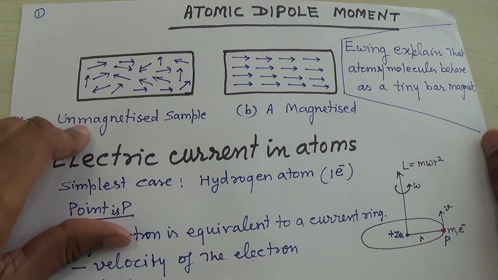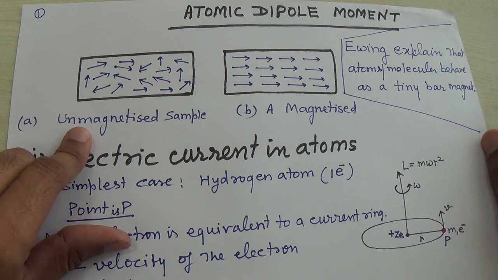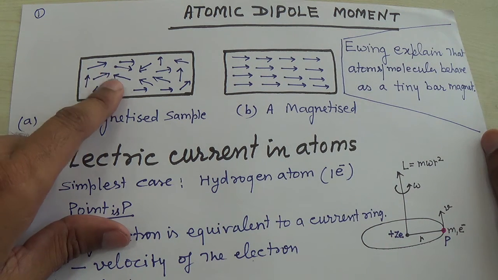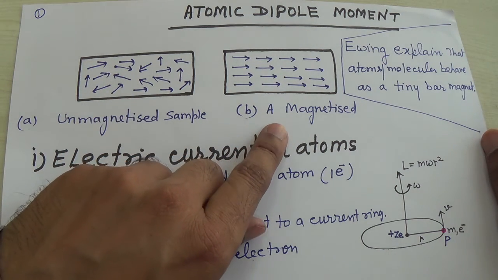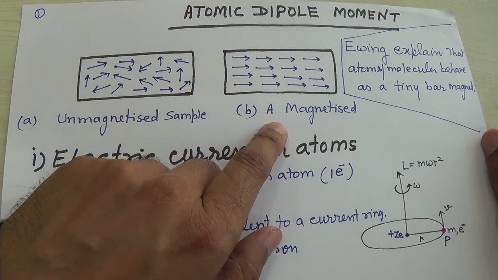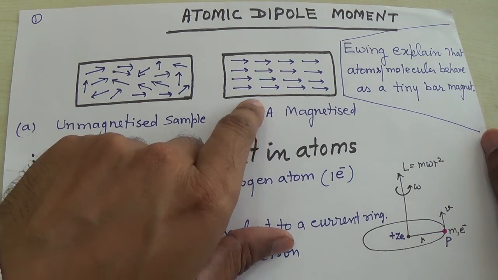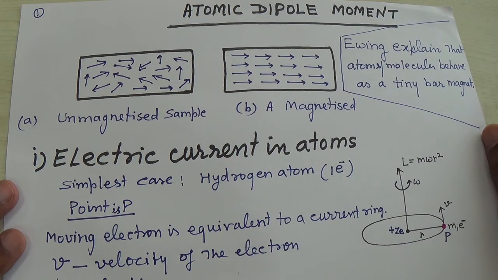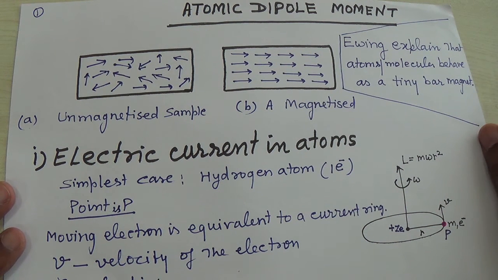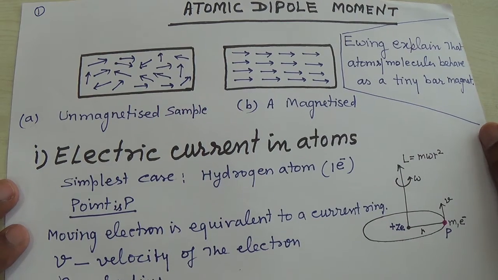When the substance is unmagnetized, these arrows are in random directions. But when the magnetic material is magnetized, all these arrows are in the same direction. What do these arrows indicate, and what happens when the magnetic material magnetizes?